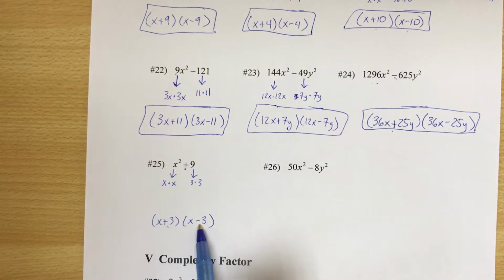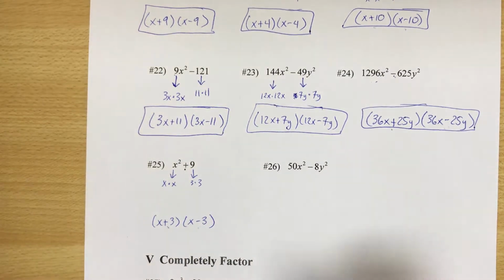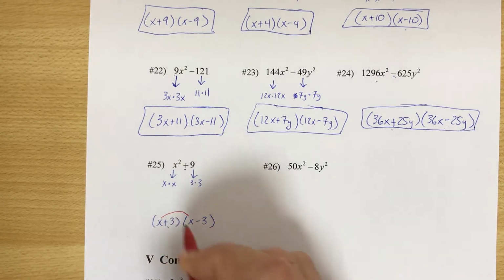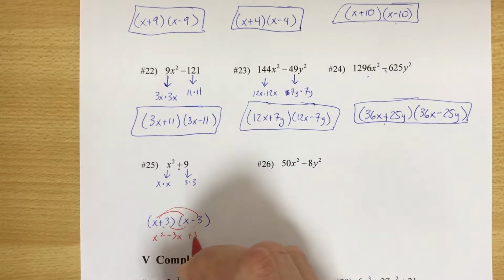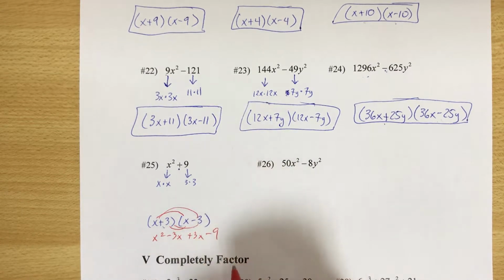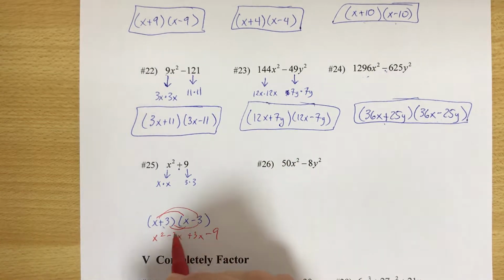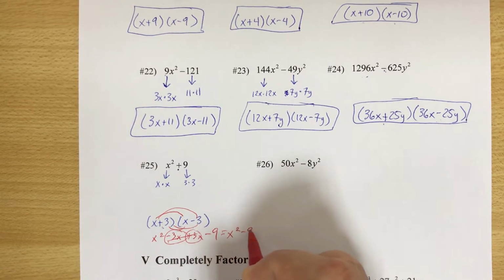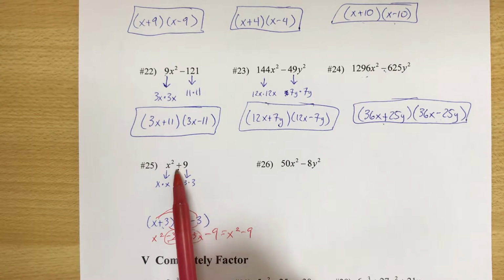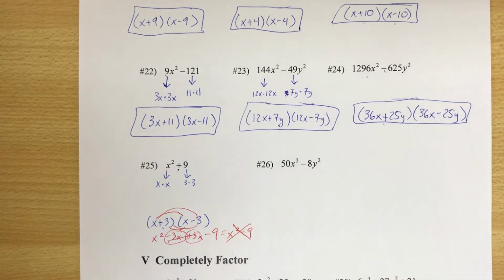This is not correct because if we distribute, you get x squared minus 3x plus 3x minus 9, but negative 3x plus 3x, okay, that's 0, that's gone. That gives you x squared minus 9. That is wrong. It's got to give you x squared plus 9.